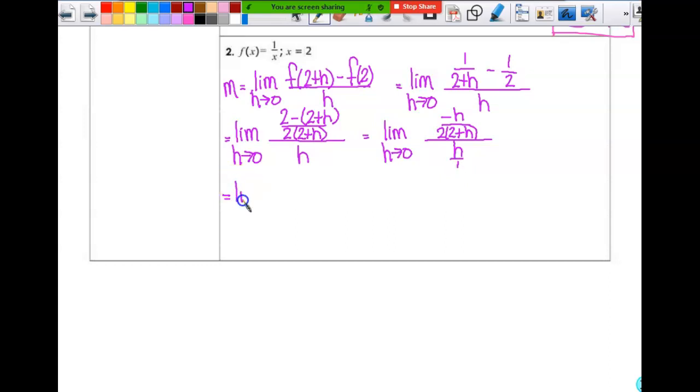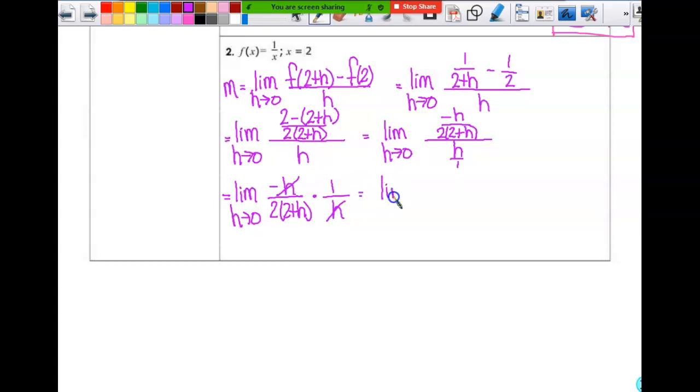So I know I'm going to have the limit as h approaches 0 of negative h over 2 times (2 plus h), times the reciprocal of that, which is 1 over h. So that's nice because these h's will reduce.